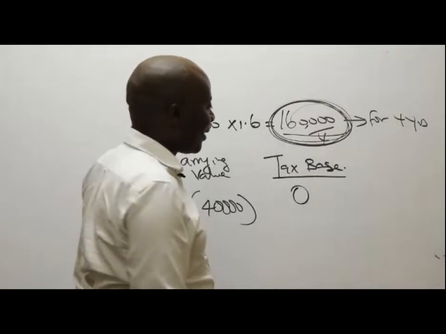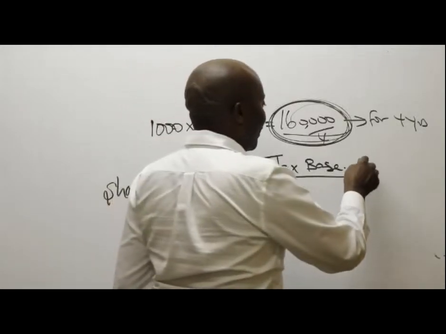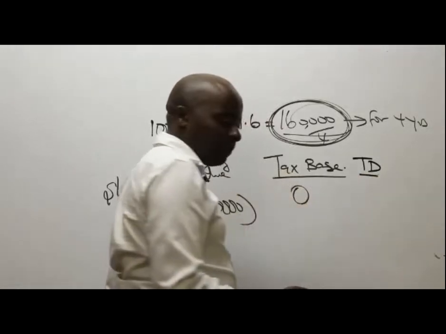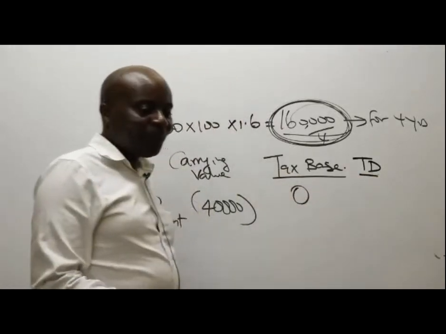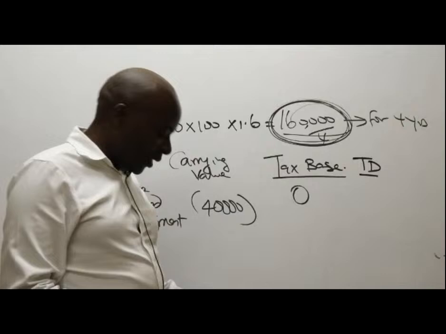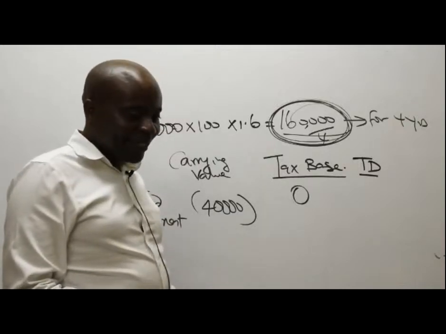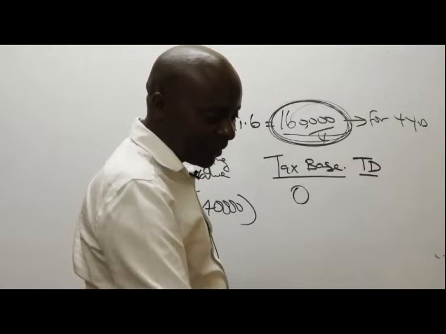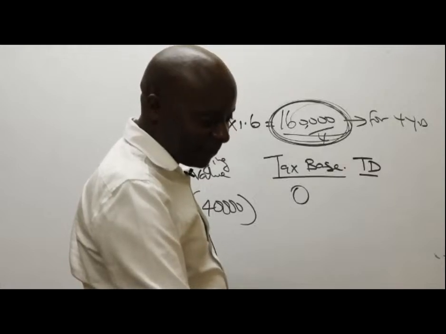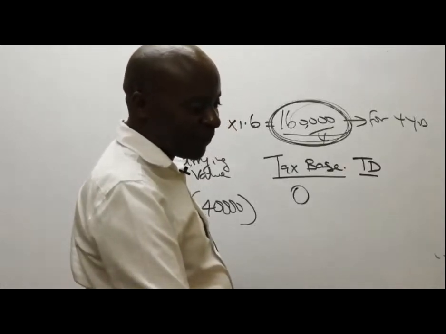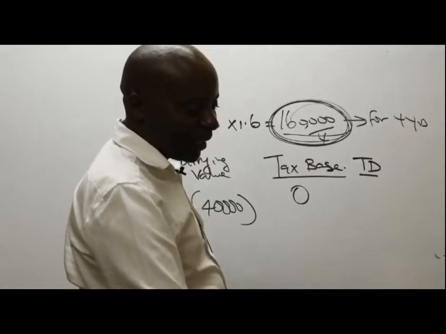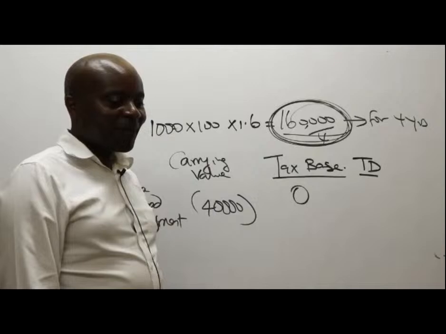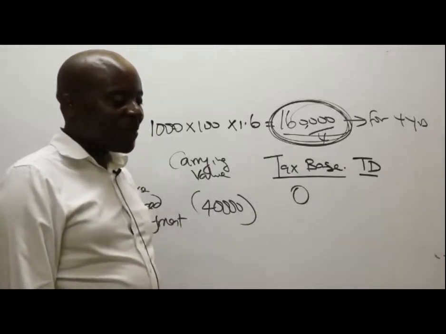Now, if that is the case, ladies and gentlemen, could you kindly go ahead and give me the temporary difference? Please give me the temporary difference. Give me the temporary difference.